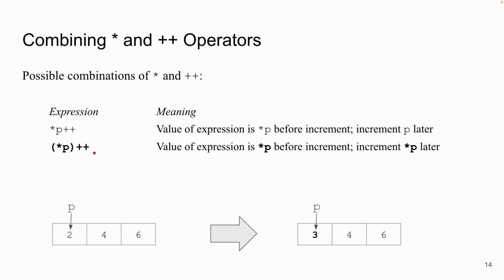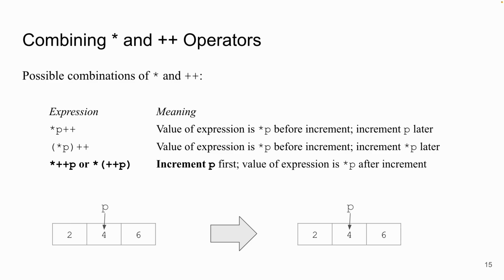So let's check out the third possible combination. Instead of using postfix increment, we use prefix increment. That is why we put ++ in front of p.